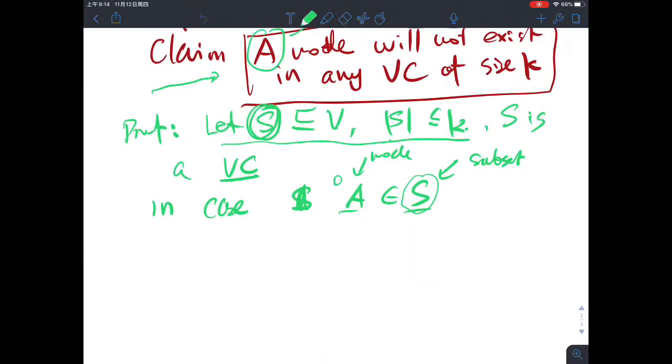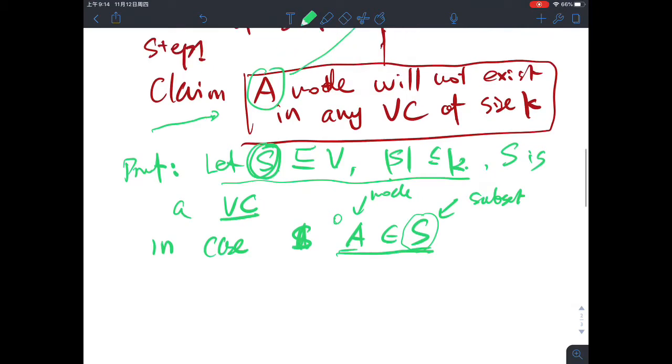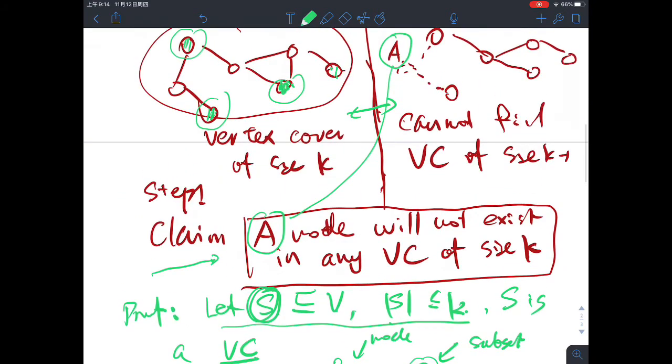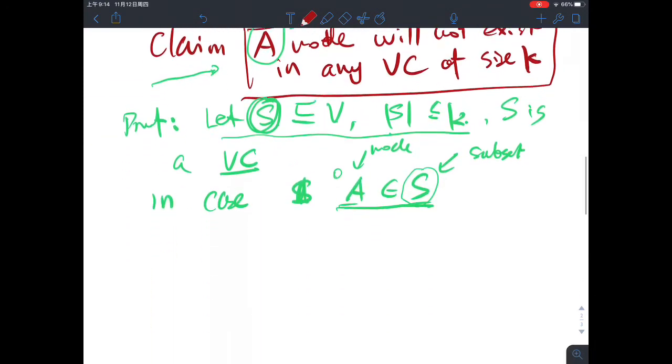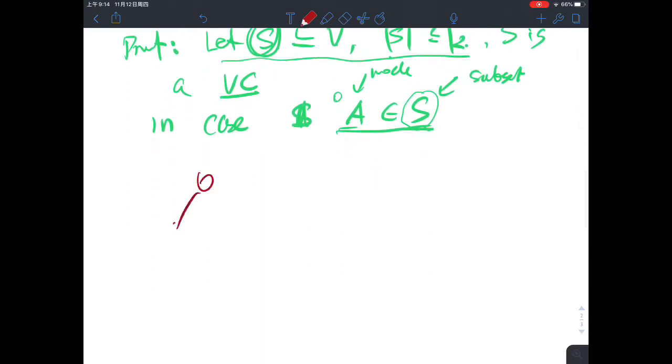In case this is the case, we want to derive a contradiction, right? Let me draw this graph again. So this probably is the graph we were looking for. In case A is part of S, that basically means that the vertex cover contains k minus 1 other nodes.